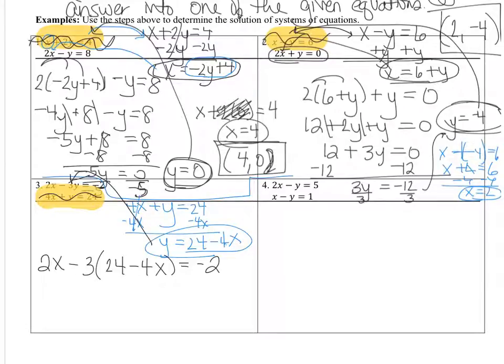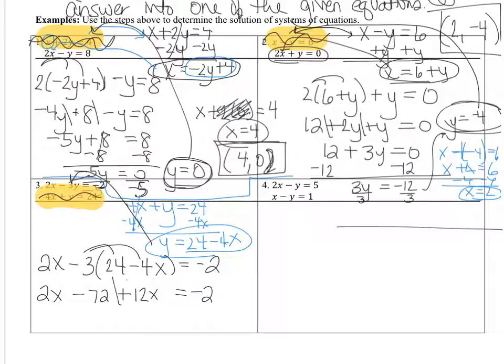Alright, so now solve. I'm going to distribute: negative 3 times 24 is negative 72, plus 12x equals negative 2.